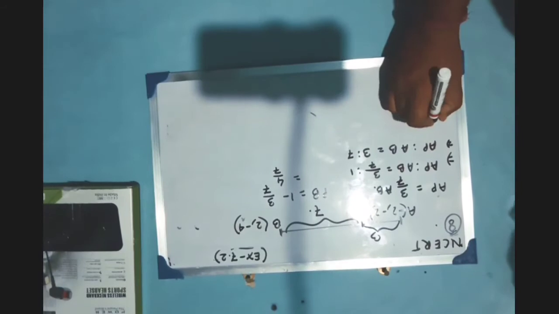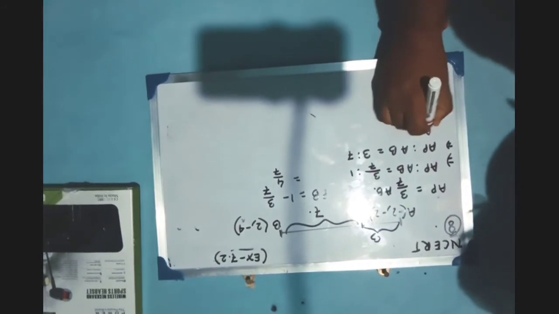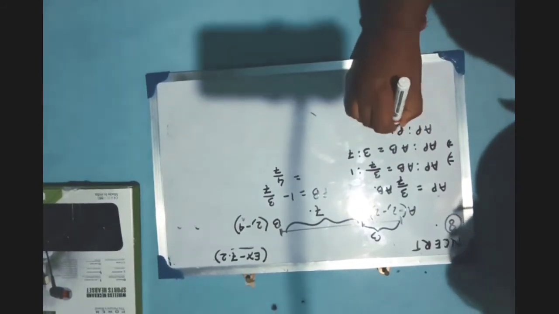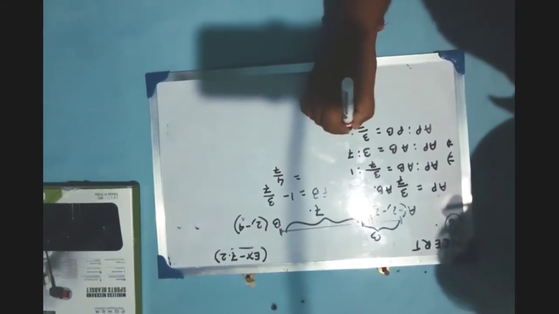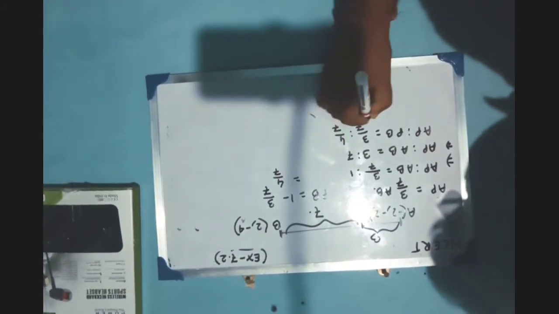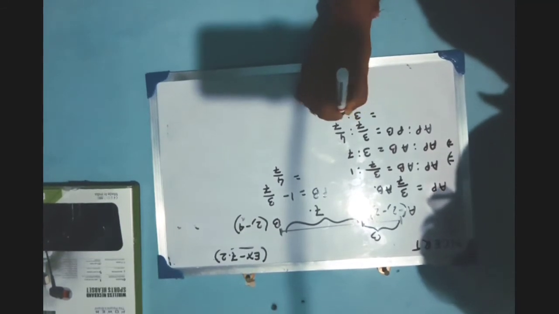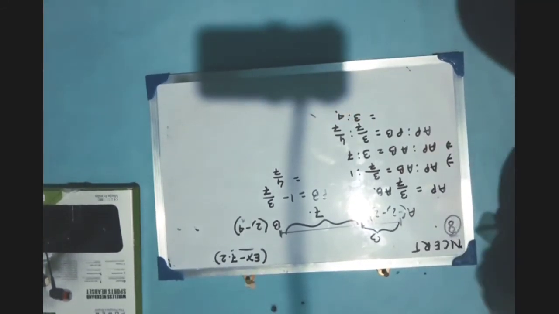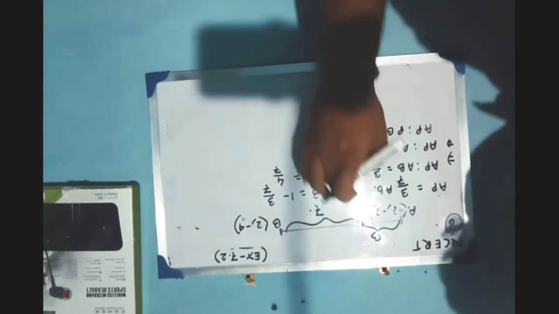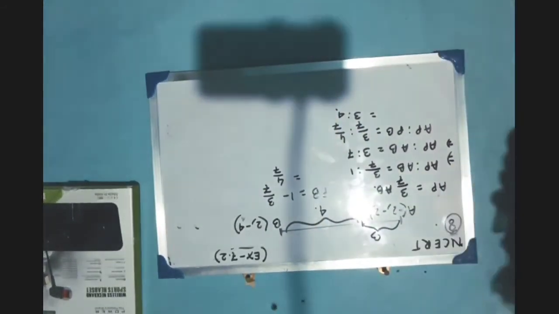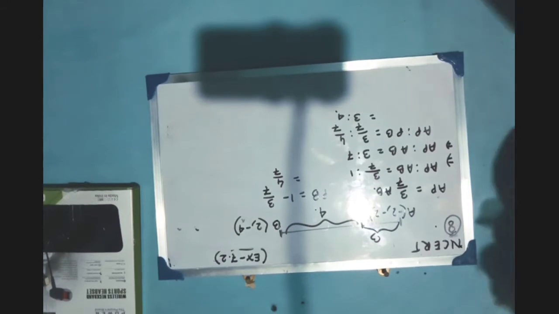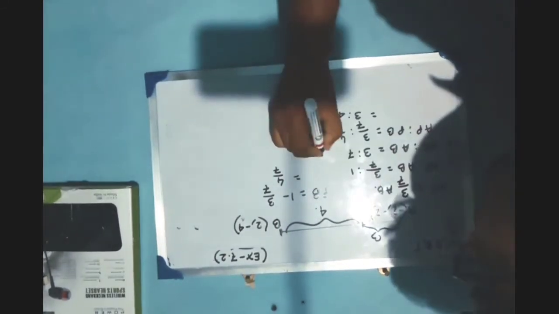So if I again do the ratio, AP is to PB will be 3 by 7 is to 4 by 7, that will be 3 to 4. Now this will be 3 and this will be 4.